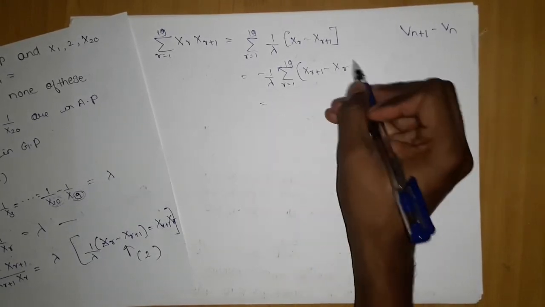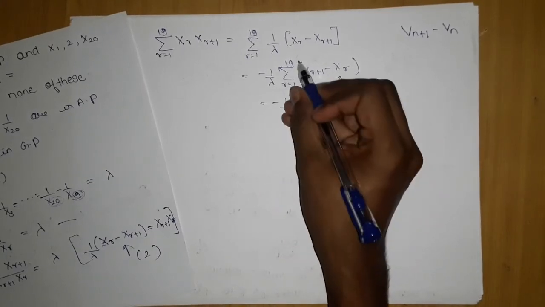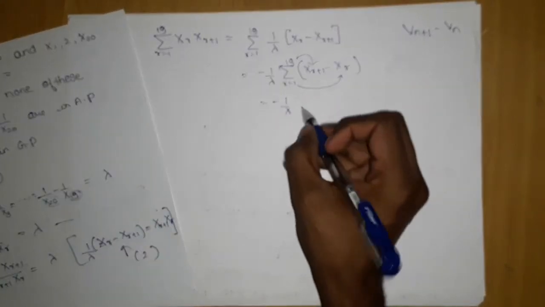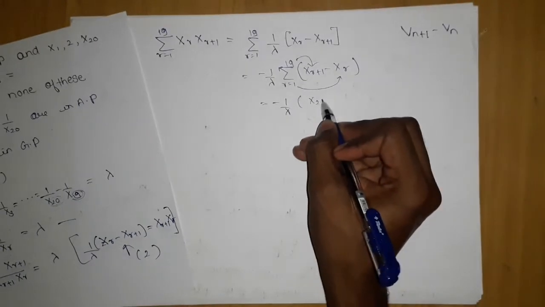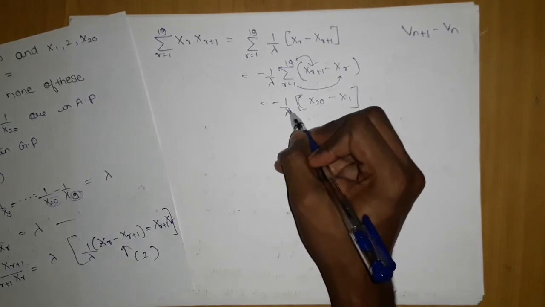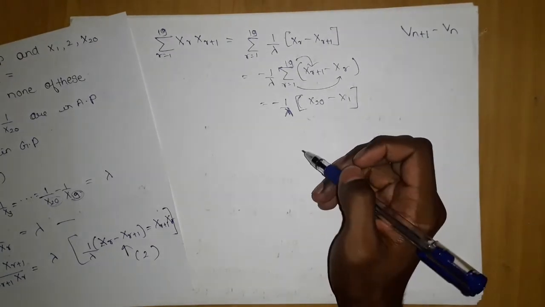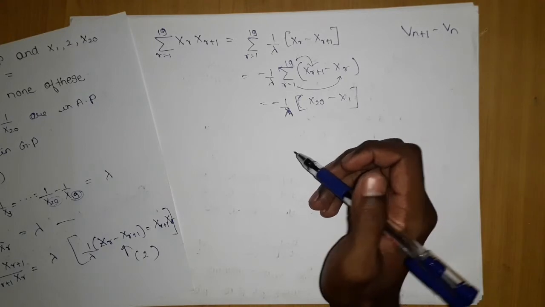Now since Vn is created, we can substitute the lowest value in this and the highest value in this, as per the rule. So this will be x20 minus x1. So we got 1 upon lambda into x20 minus x1. After doing this, we want to get a relation between these.